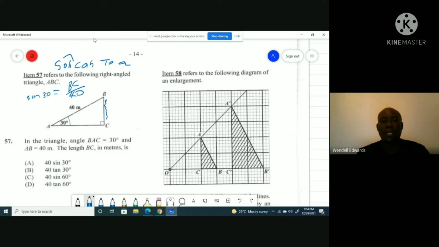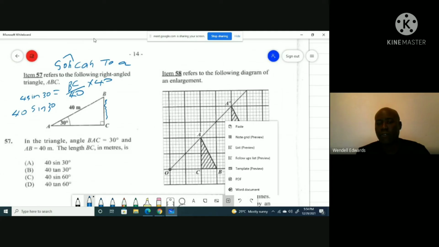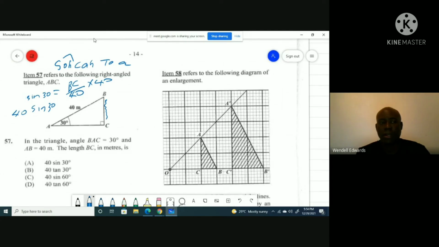So BC is going to definitely be 40 sine 30. We multiply both sides by 40 here in an effort to cancel, so BC is alone. So 40 sine 30 is what I'm looking for, and it's right on top here. And that's my answer using the trig ratios.